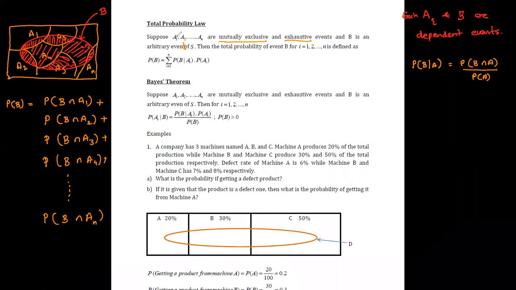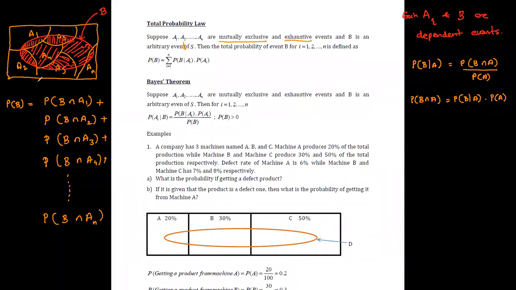Here we consider A1, A2 up to AN to be mutually exclusive and exhaustive, events which have already occurred prior to event B. Therefore, we know this intersection quantity. Using cross multiplication, I get probability of B intersect A equals probability of B given A times probability of A.